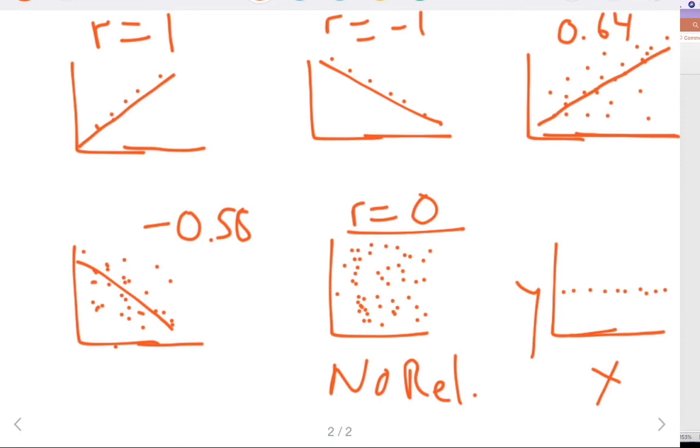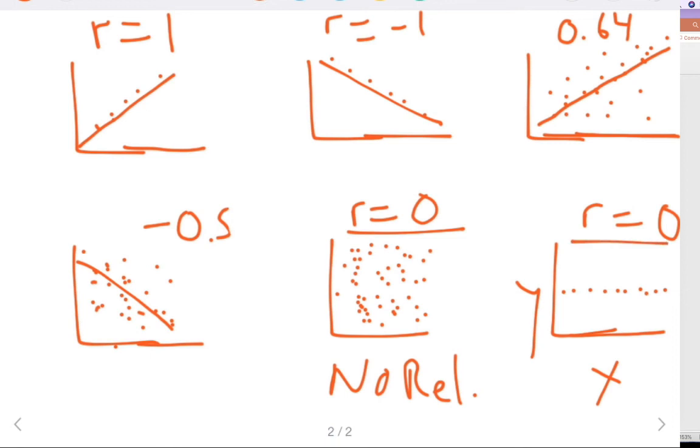Well, an R value like this, where you have X values and Y doesn't change, is also equal to 0, right? There isn't a relationship here. So these are indicative of no relationship.